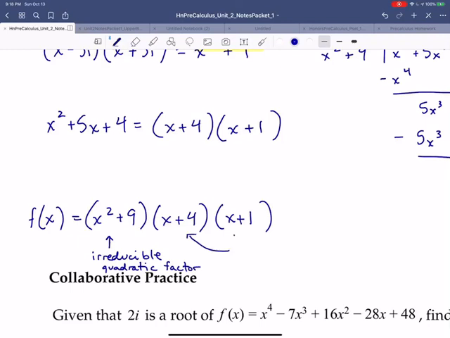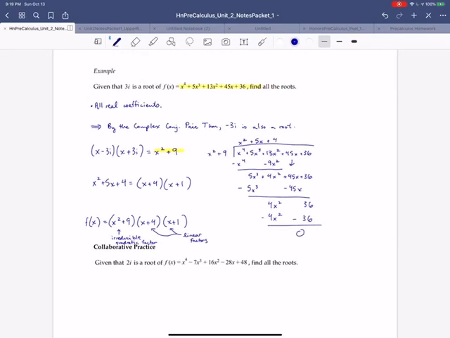And x plus 4 and x plus 1 are both linear factors. So that's the factorization, and the roots are 3i, negative 3i, negative 4, and negative 1.